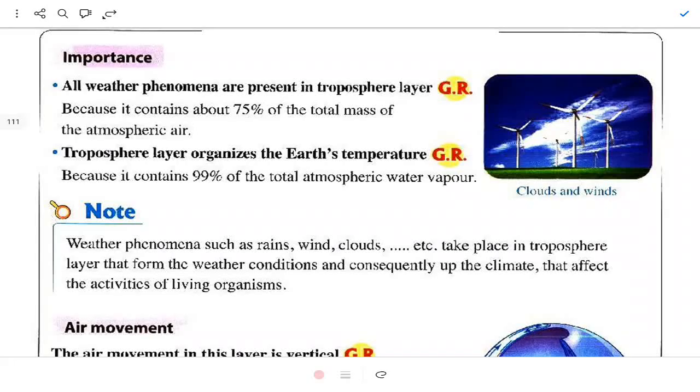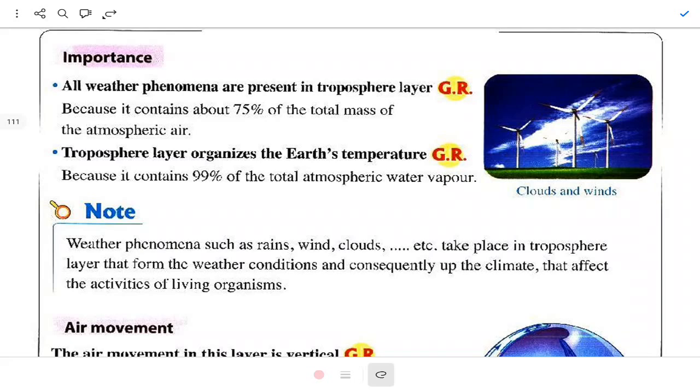The importance of troposphere. All weather phenomena are present in troposphere layer. Can you give me the reason? Because it contains about 75% of the total mass of the atmospheric air.